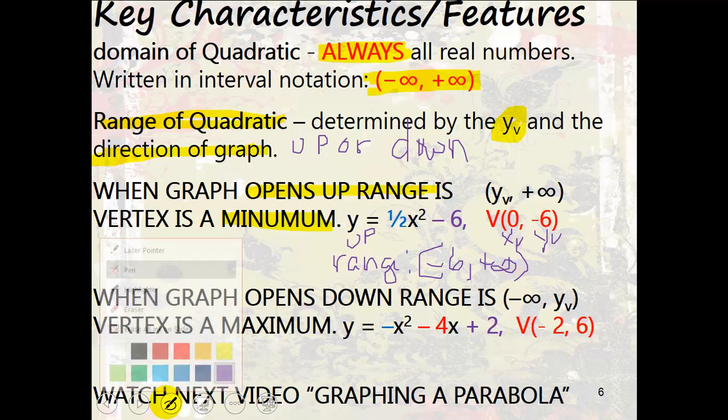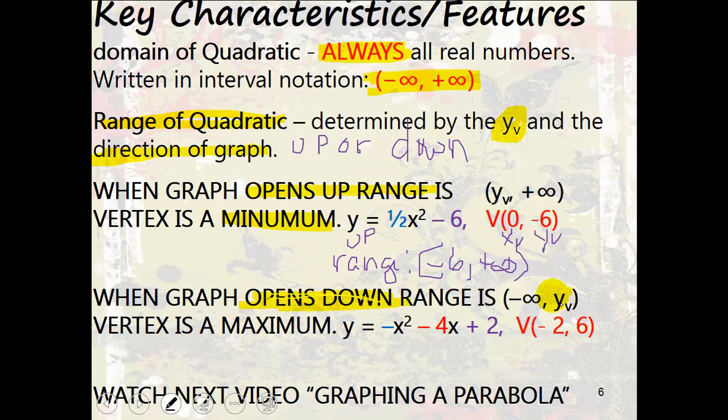When the graph opens down, or there's a negative in front of a, then the y-coordinate of my vertex is going to be the maximum value, and everything else is going to be below that. So it's negative infinity to the y-coordinate.